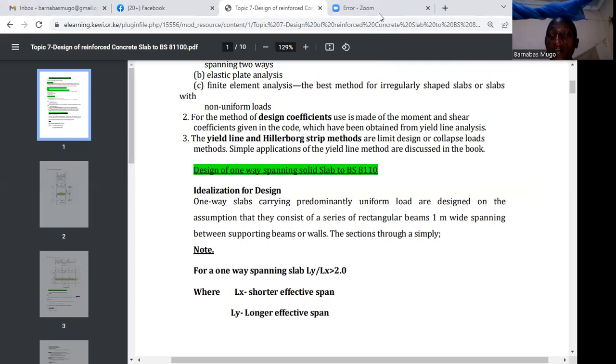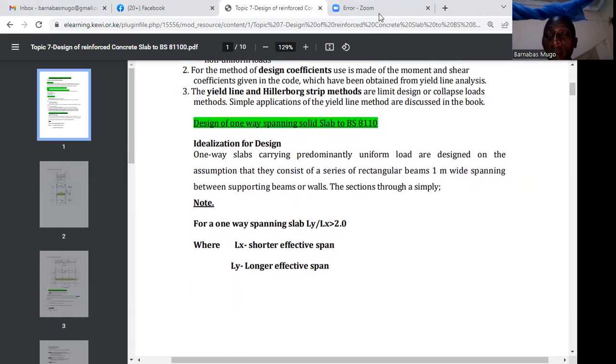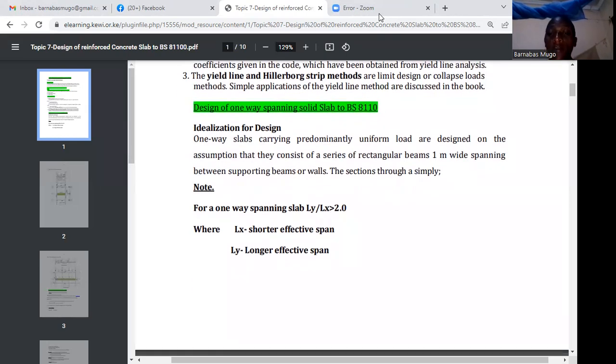So when we want to design a one-way slab, we need to know that Ly is the effective length for the longer section, and Lx is the effective length for the shorter section.